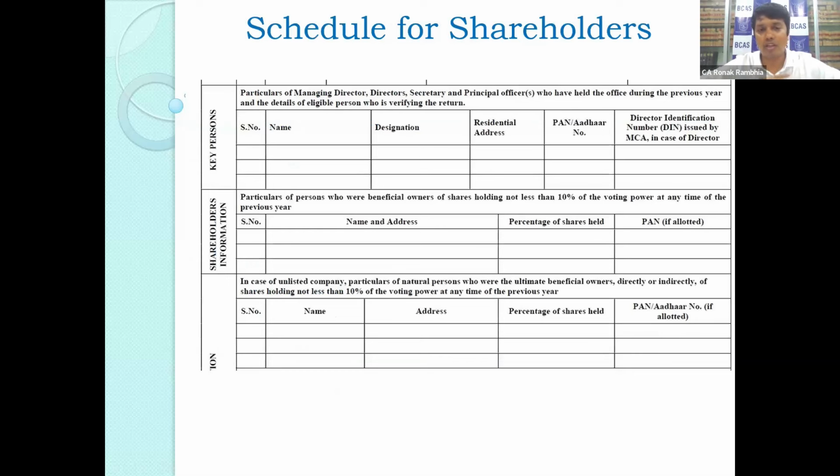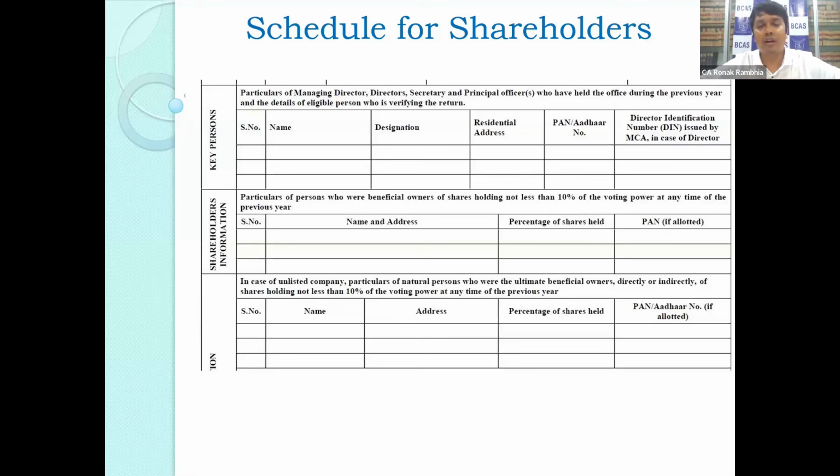Then comes the shareholders information, wherein you have to mention who are the beneficial owners of shareholding not less than 10% of the voting power at any time during the previous year. And in case of unlisted company, you have to mention details of the natural persons who are the ultimate beneficial owners, directly or indirectly, of shareholding not less than 10% of the voting power at any time of the previous year.